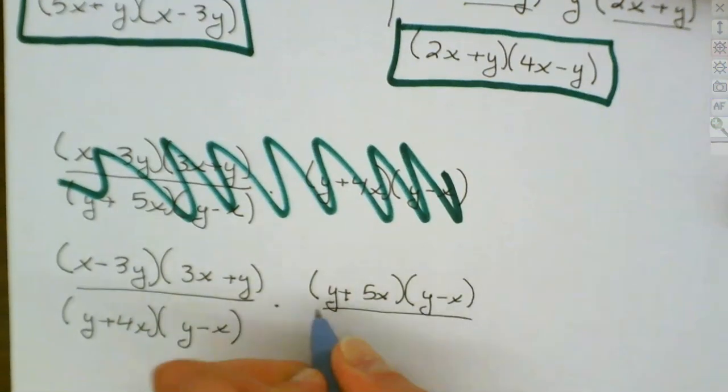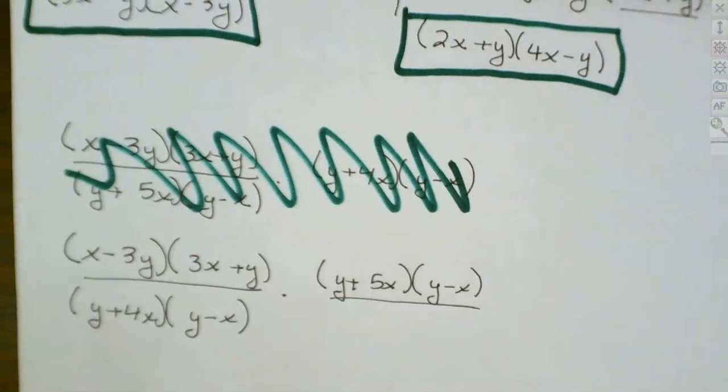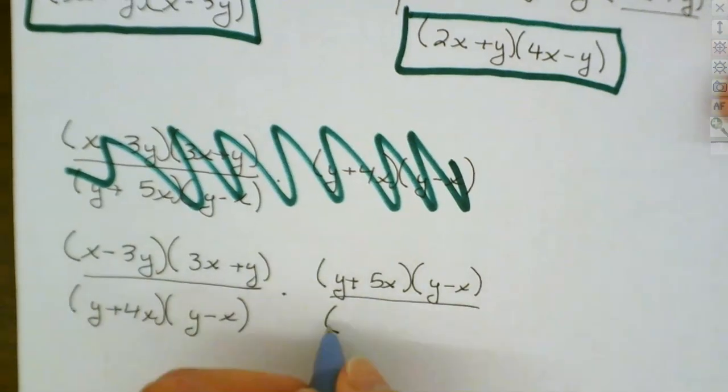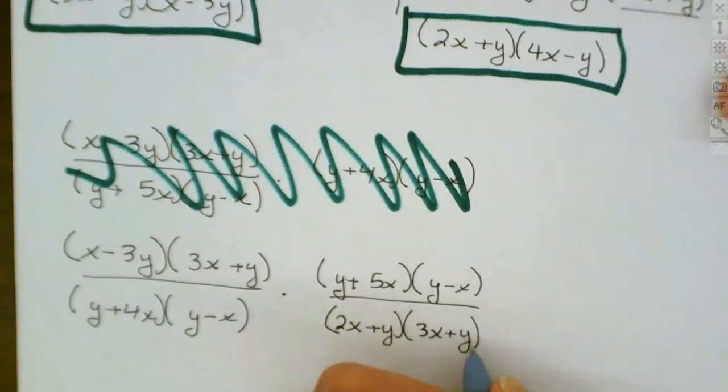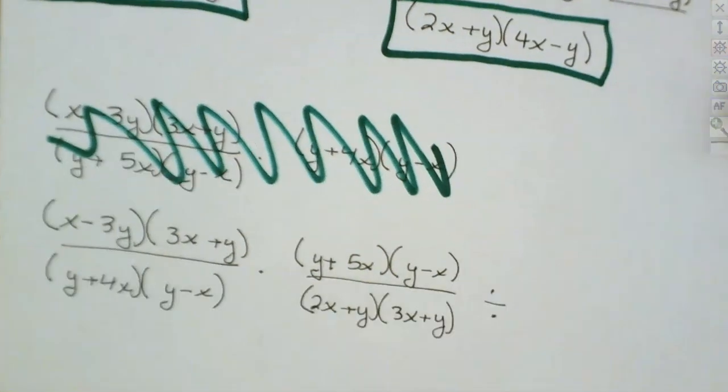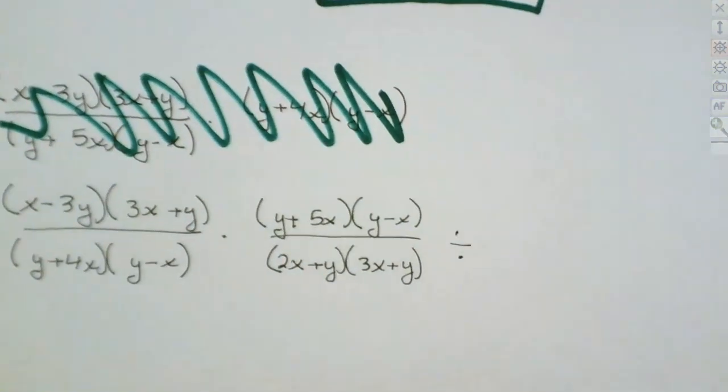These just take a while to rewrite. We've got that 6x squared plus that 5xy plus that y squared. We factored that down into 2x plus y, 3x plus y. And then we've got a division symbol here. And we factored the last one, right?